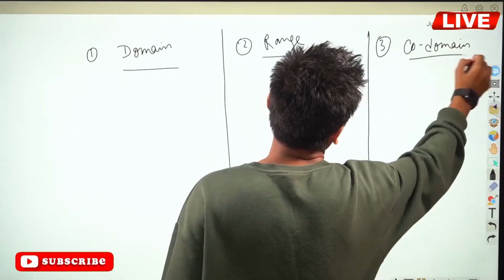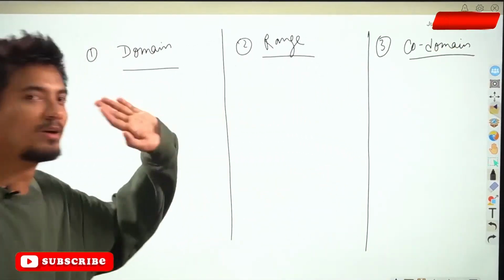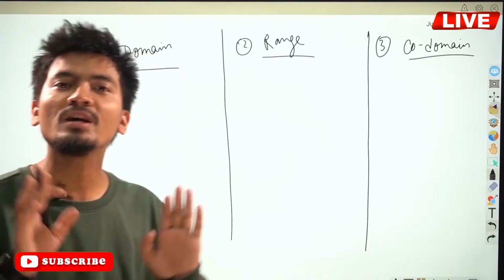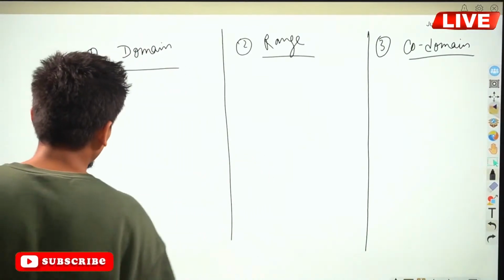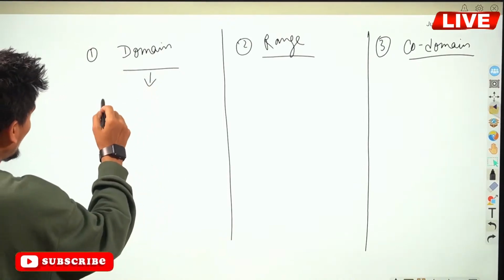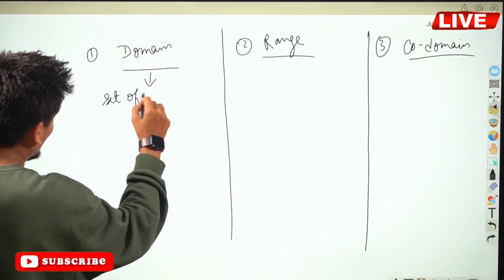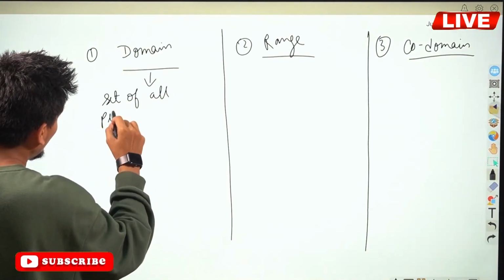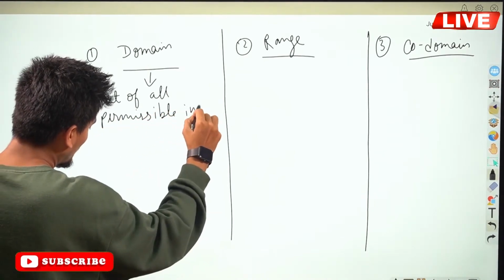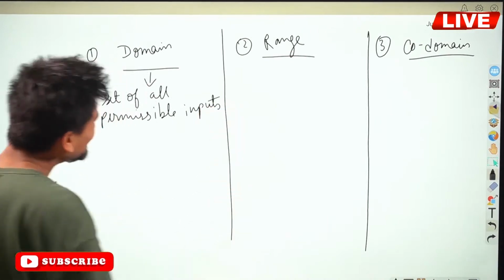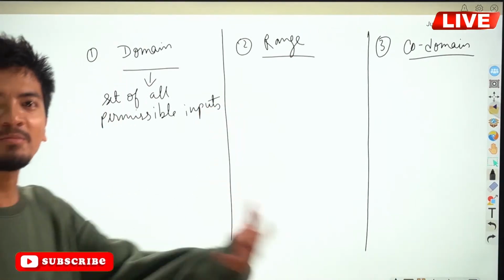So these three things you have learned in a relationship. Right? So what is domain? Domain means the set of all permissible inputs. Okay, set of all permissible inputs.